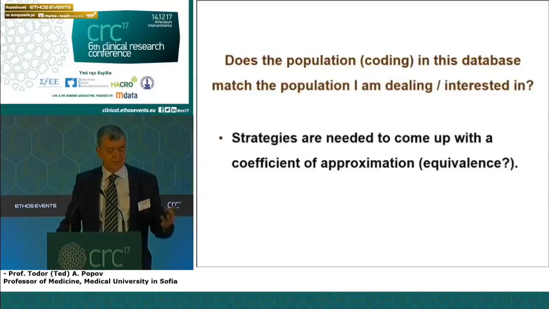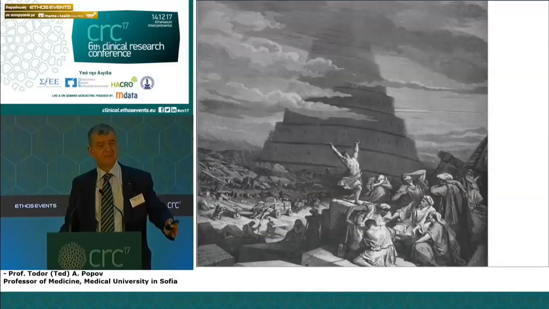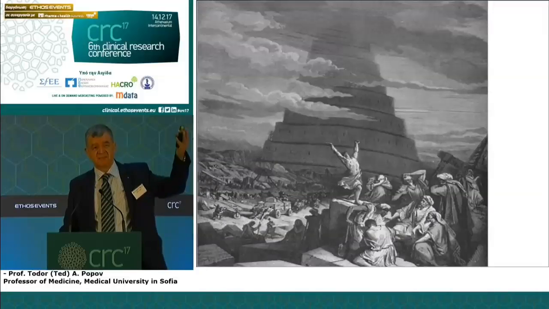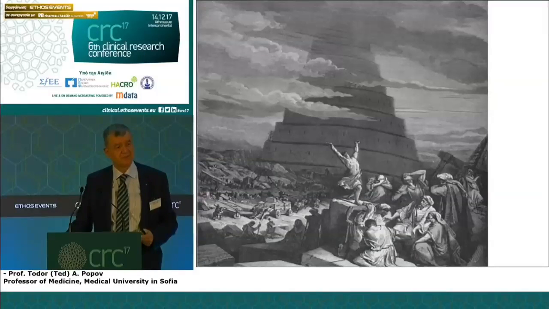So strategies are needed to come up with a coefficient of approximation for the different patients and for the different databases. And this is especially valid for countries which can't afford the big databases. And this is the prerequisite to build the Babel tower to the top to get to heavens. So thank you for your attention.